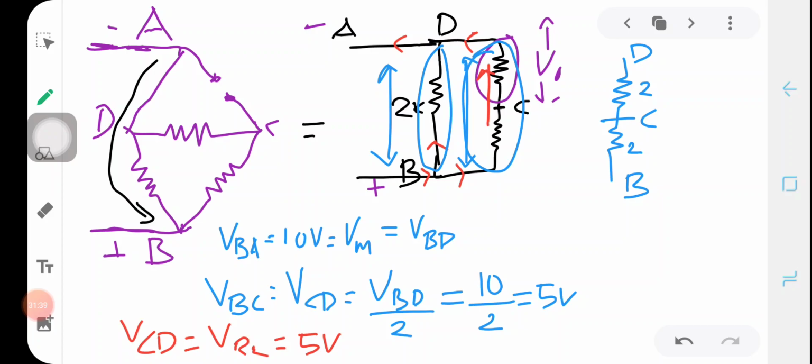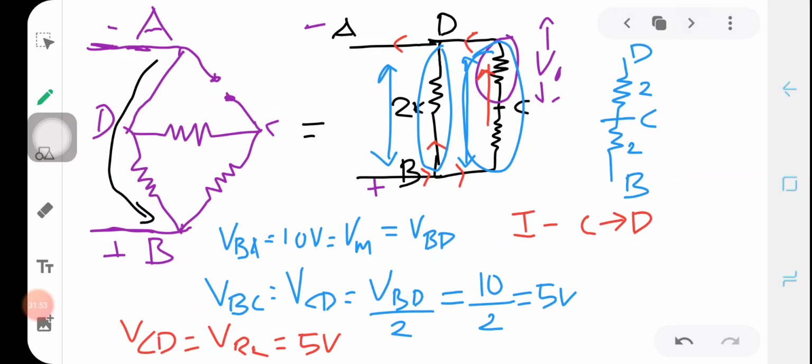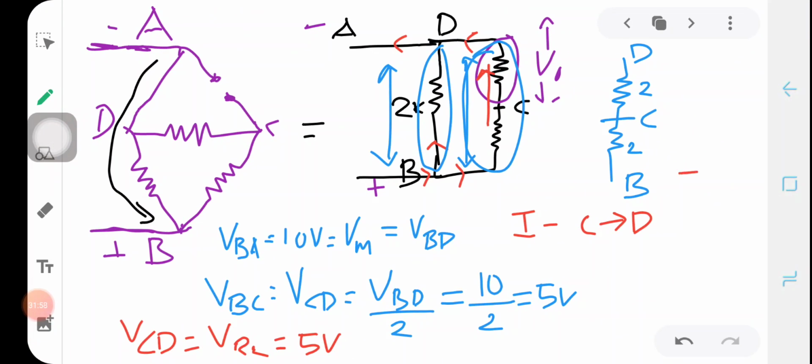So again current flows from C to D. So in the previous case also current flows from C to D, and here also current flows from C to D. So if you draw this for the negative half cycle, for the positive half cycle we will have a voltage like this, and for the negative half cycle also we will have a voltage like this. Both the voltages will have a peak value Vm.